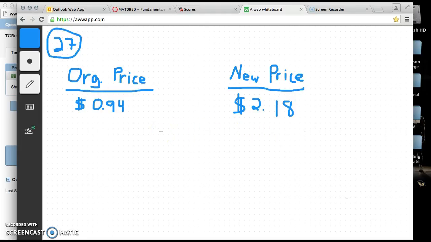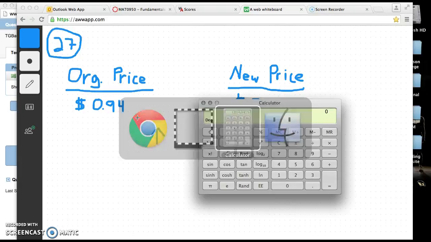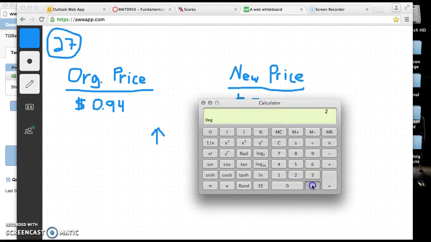So if we look at that little algorithm on page 542, it says first subtract the smaller number from the larger so we can figure out the amount of increase or decrease. In this particular case, we are going to have an increase, since your new price is larger than your original price. So from $2.18, we are going to subtract 0.94 or 94 cents.